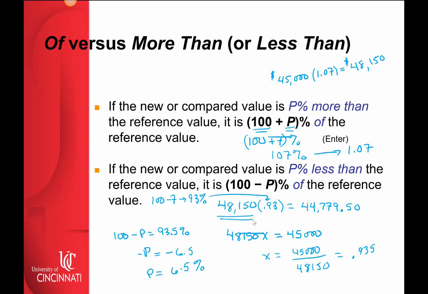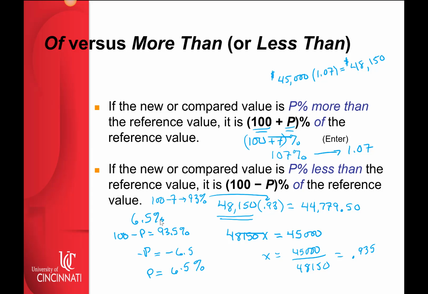Well, somebody could correctly say Chuck makes 6.5% less than Nicole. We had to do these computations to get the 6.5%. And knowing the 45,000 allows us to figure out how much less Chuck makes than Nicole.